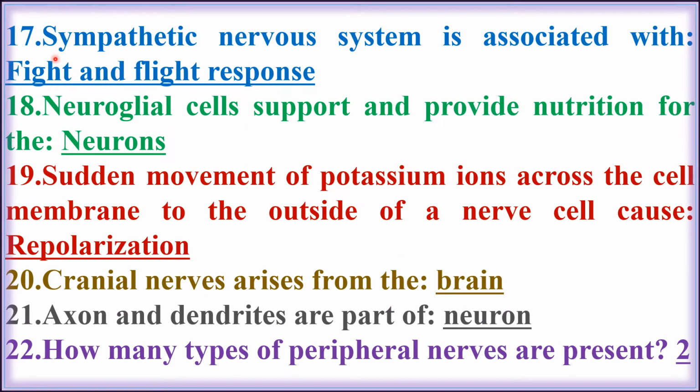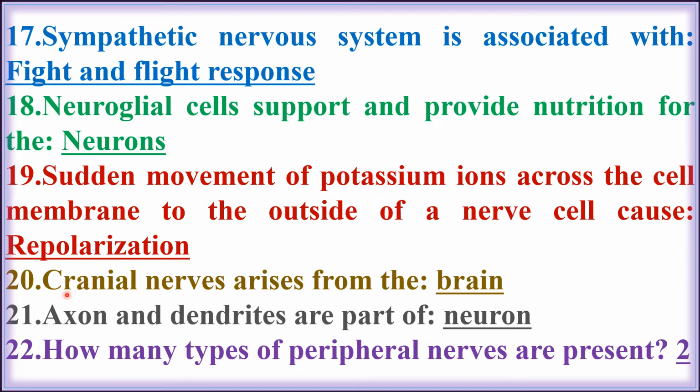Next, sympathetic nervous system is associated with fight and flight response. Next, neuroglial cells support and provide nutrition for the neurons. Next, sudden movement of potassium ions across the cell membrane to the outside of a nerve cell causes repolarization.